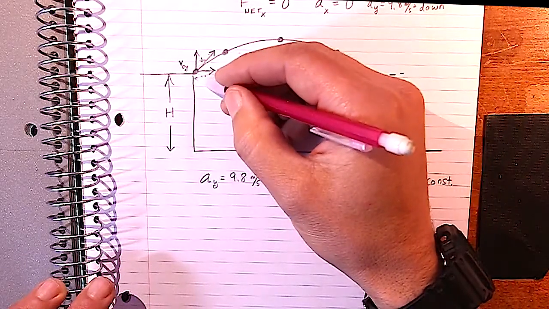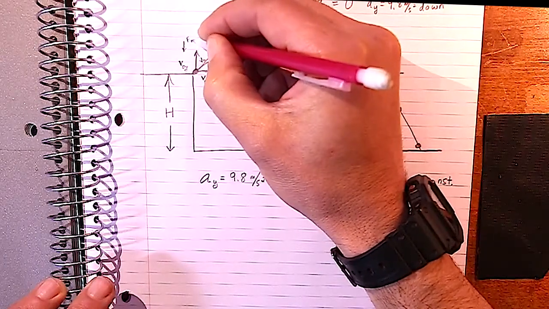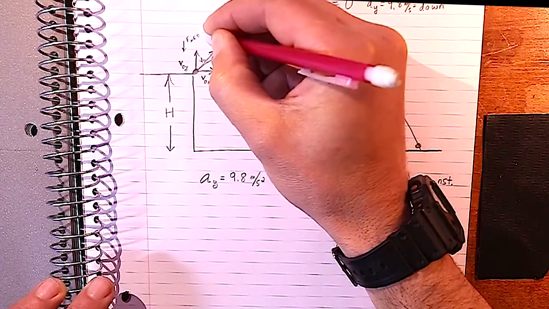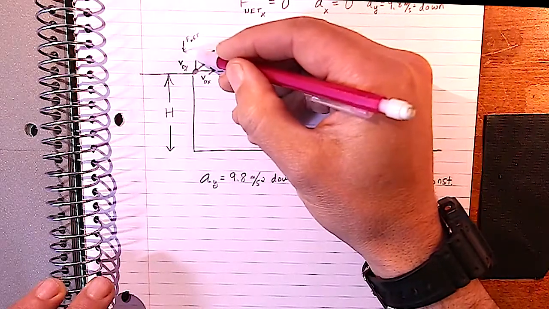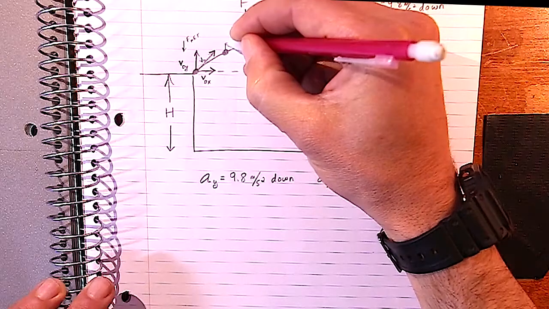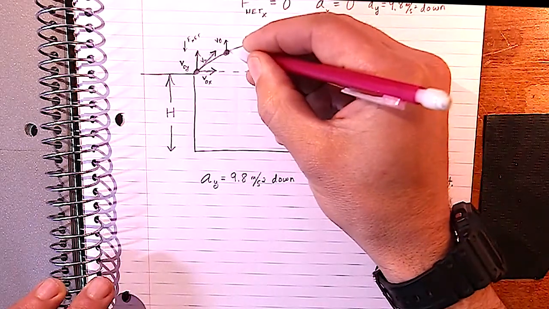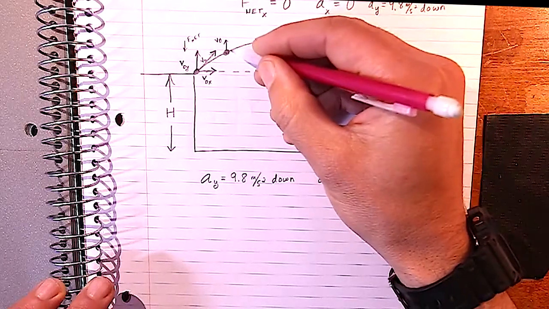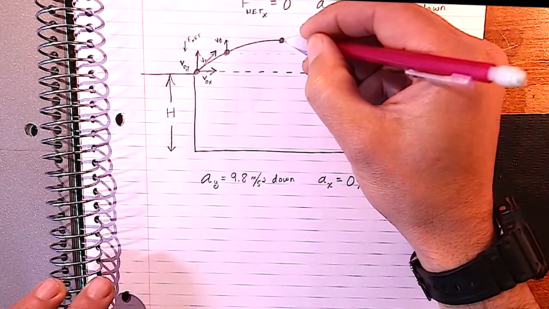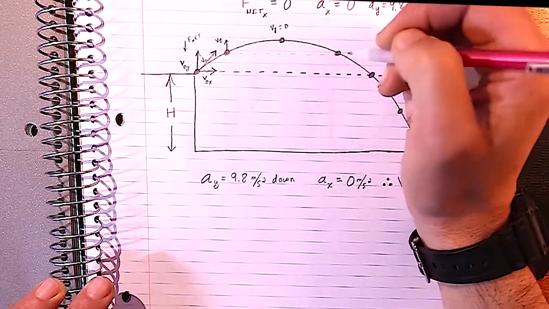As it travels up, we have a net force down, so there's going to be a downward acceleration. When we have a downward acceleration and an upward velocity, the object slows down. So its Vy is going to decrease.